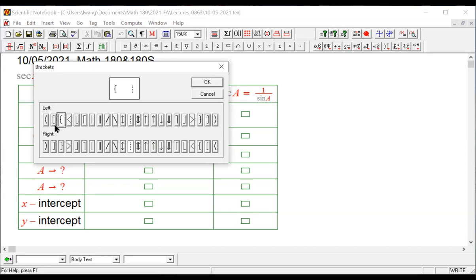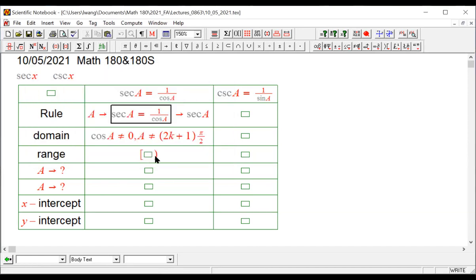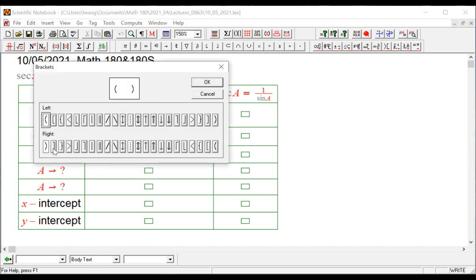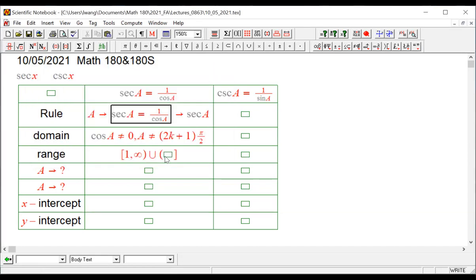Okay, you want me to try typing it out? Yeah, 1 to infinity, and then the union, to negative infinity to -1. Very good.